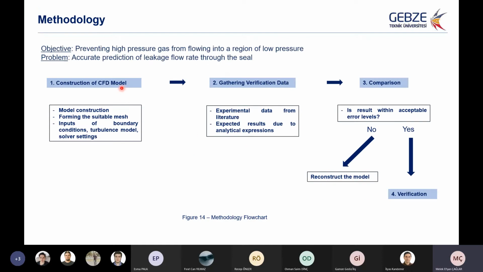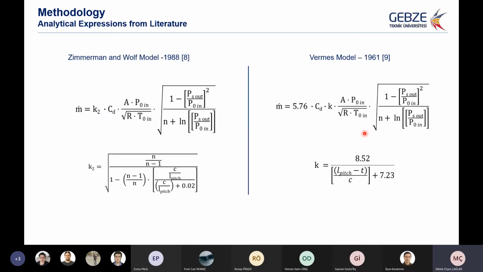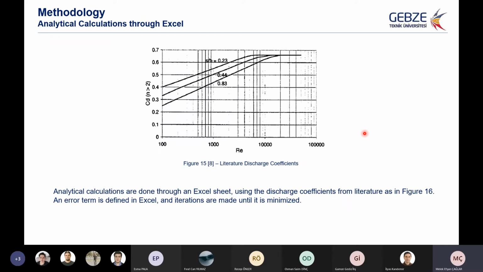My methodology was to construct the CFD model, gather verification data from literature and compare it, and if it was within acceptable error levels, I would verify my model. And these are the analytical expressions from literature. I prepared an Excel sheet for my analytical calculations and made iterations.